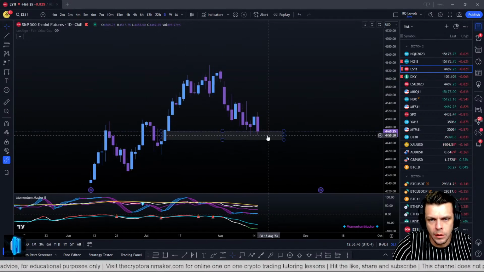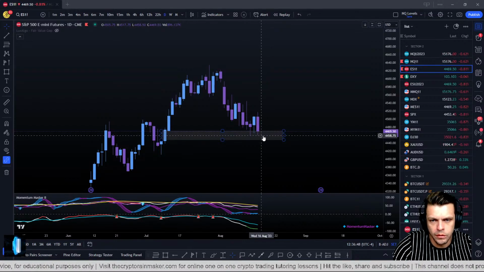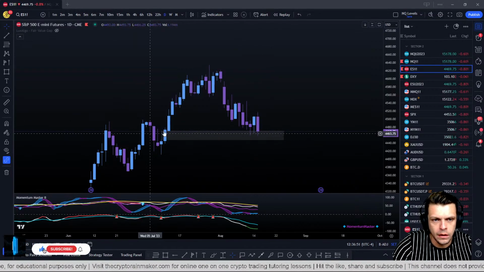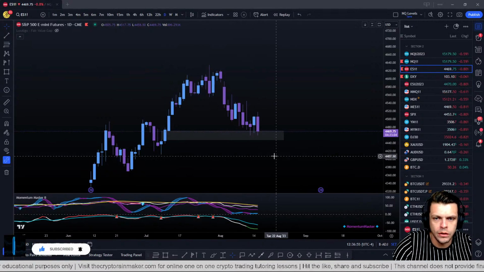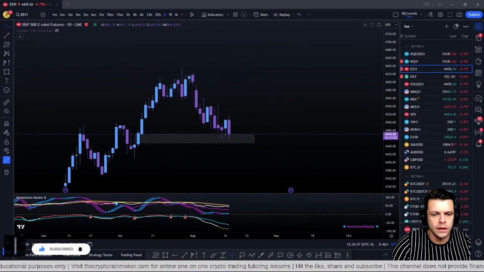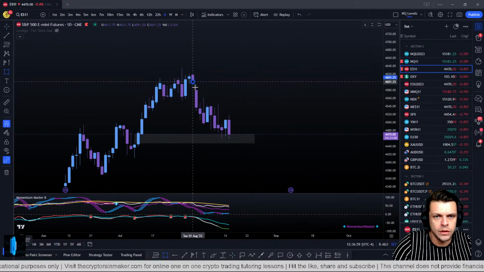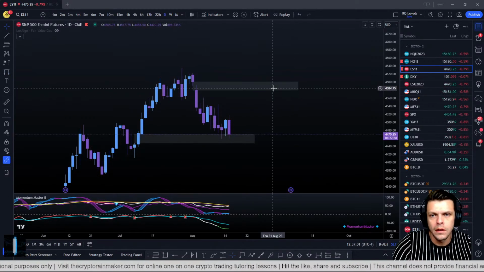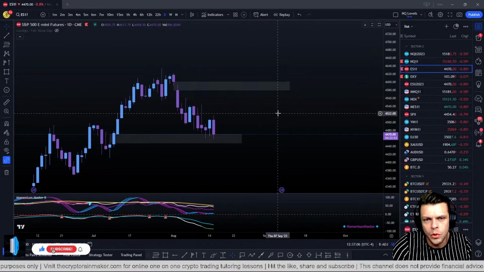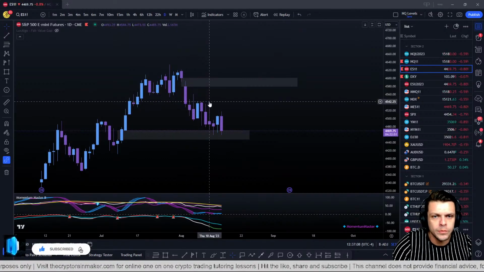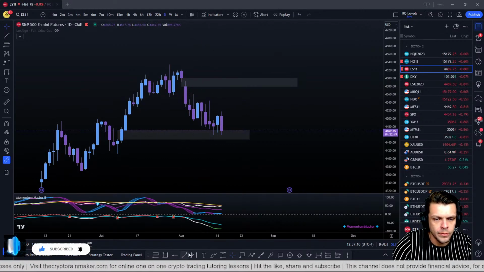We can see this came basically right to the midpoint of that fair value gap, and it looks like this fair value gap will hold price action in this range. And then the same as on the Nasdaq, we have this volume imbalance right here. This imbalance starts at $4,480 more or less, and then we also have these highs right here.